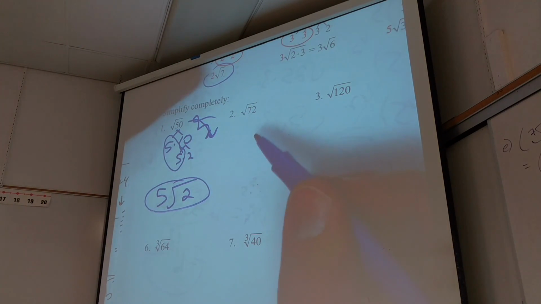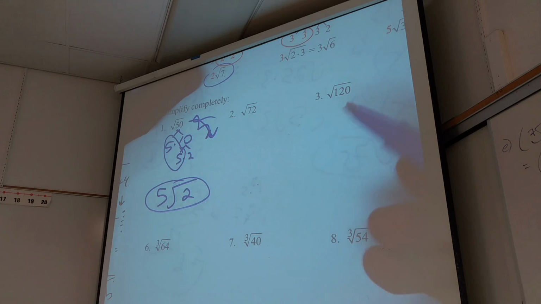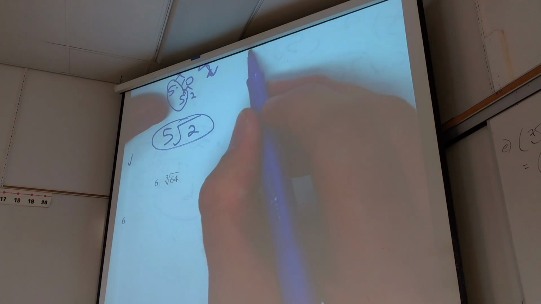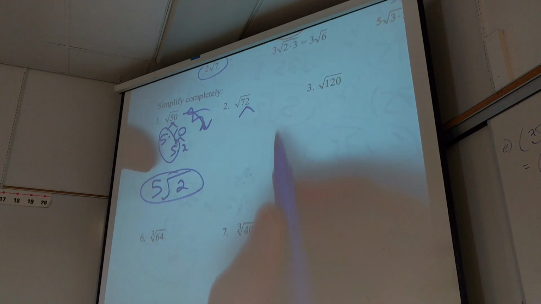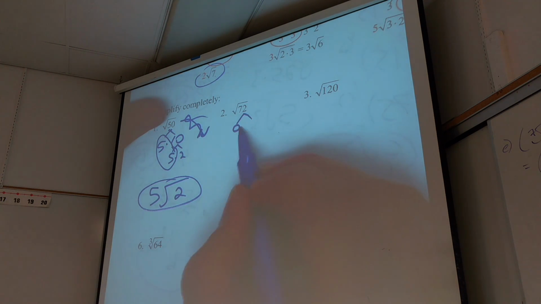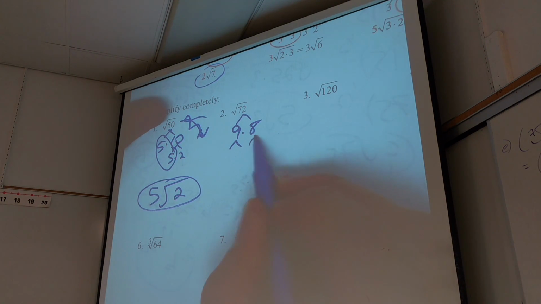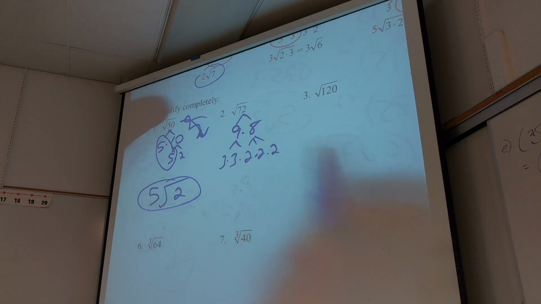Number 2, I like that. Let me do it method 1 first. Let's see. Actually, let me do it this way. 9 times 8. Yeah, good. 9 times 8. 3 times 3. 2 times 2 times 2.